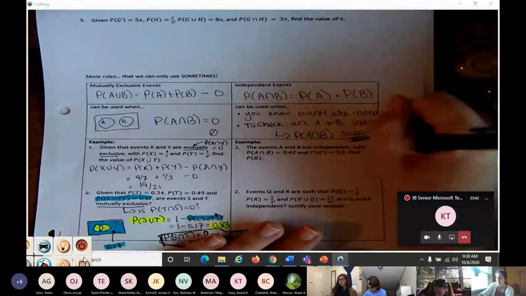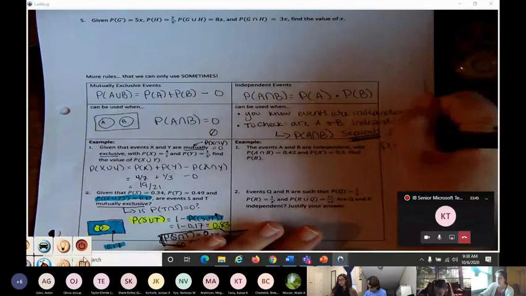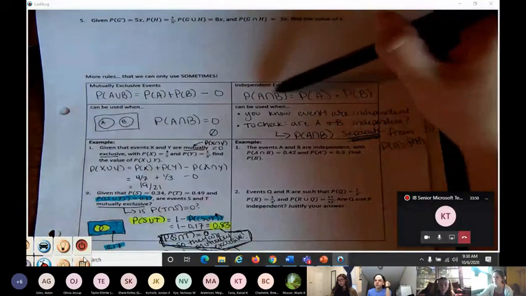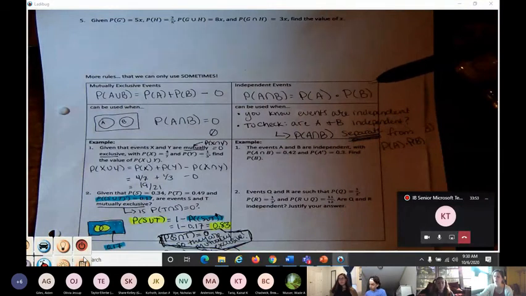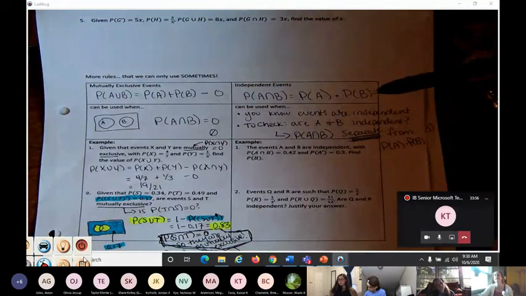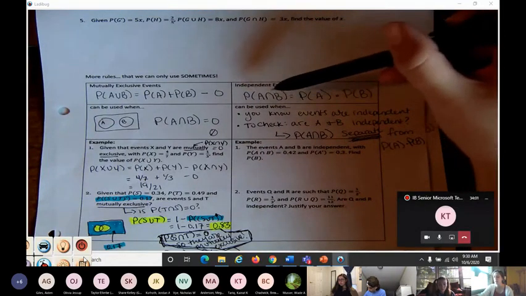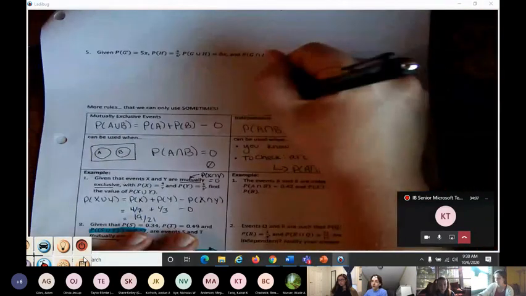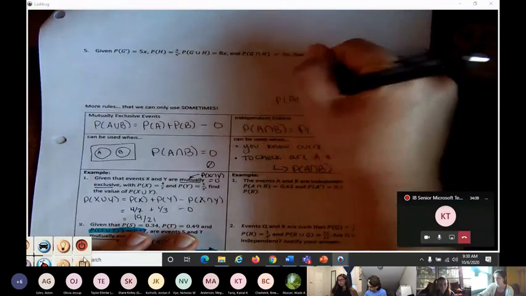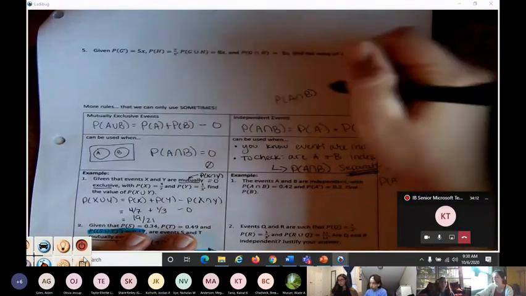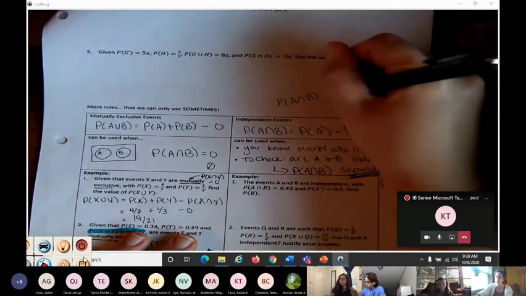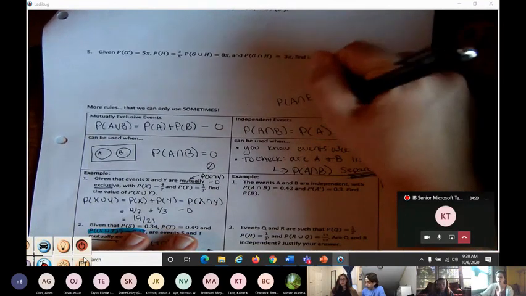I will take off points for this when I see it. Okay, so what you're trying to do is show that these two values are equal. Please, if you weren't paying attention, try to pay attention right now. In order to prove that two things are independent, you have to find this calculation, P of A intersect B, separate from P of A times P of B. You cannot set them equal right off the bat, okay?